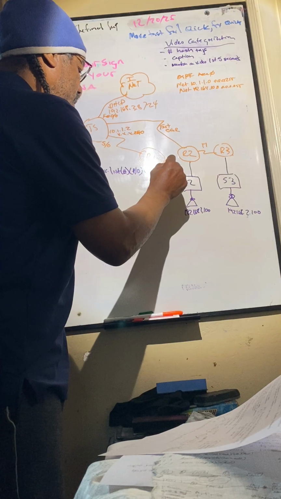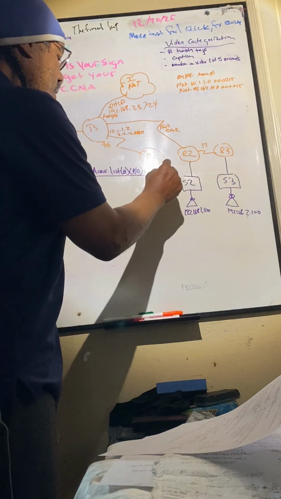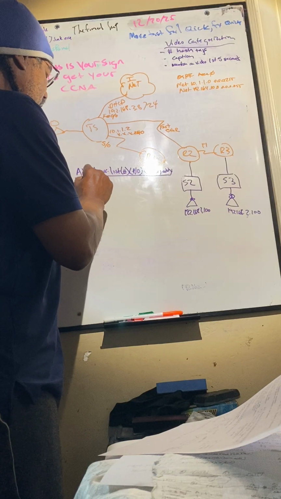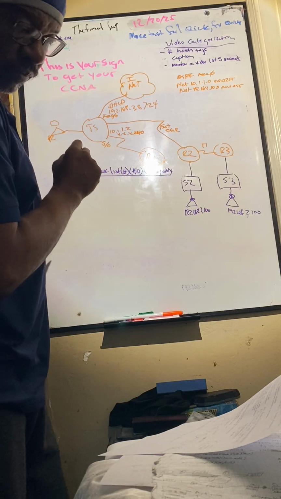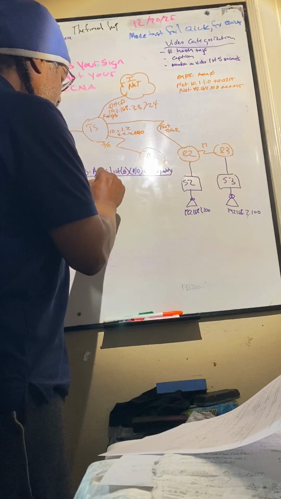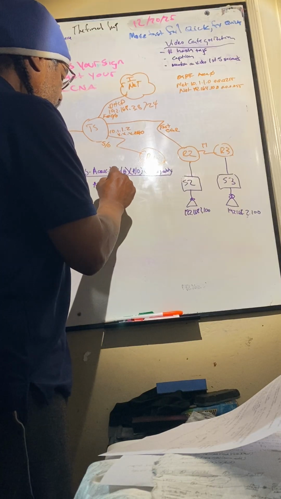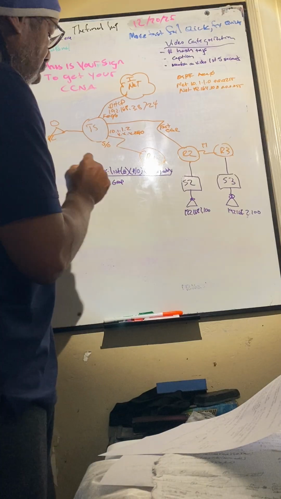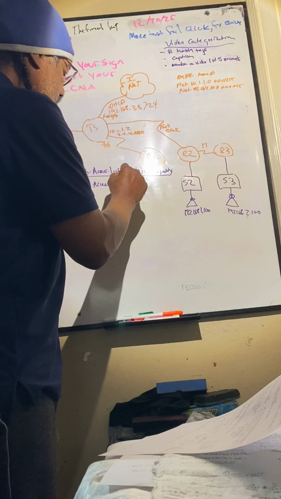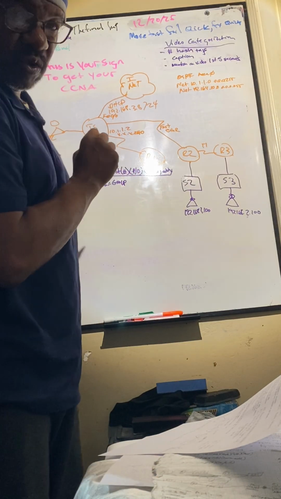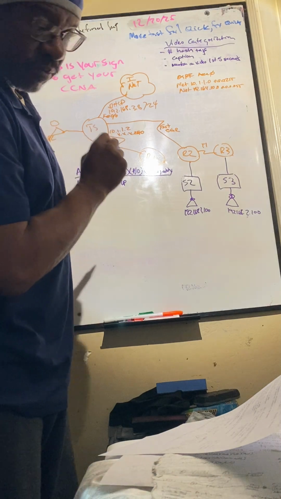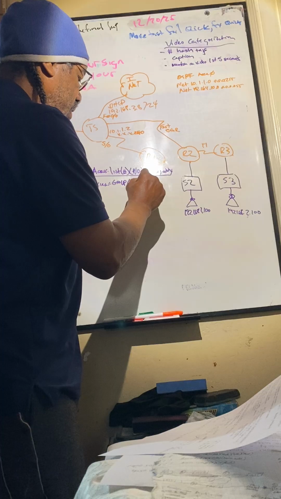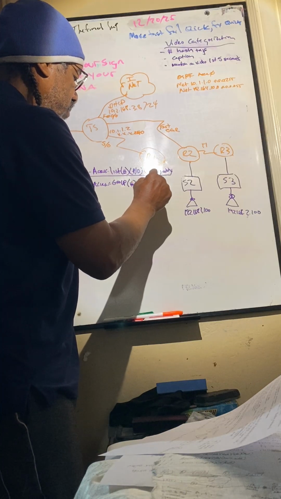Those are my particular notes right there. And then ALI, which is access-group, the number, and then in or out, right?